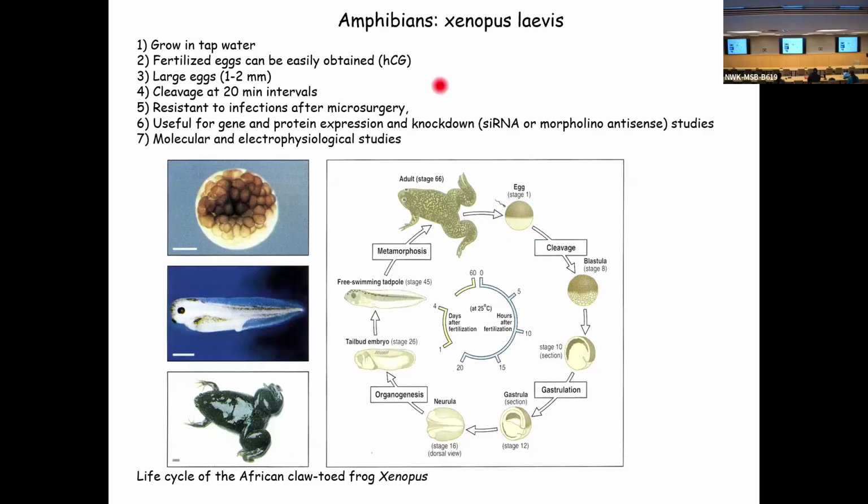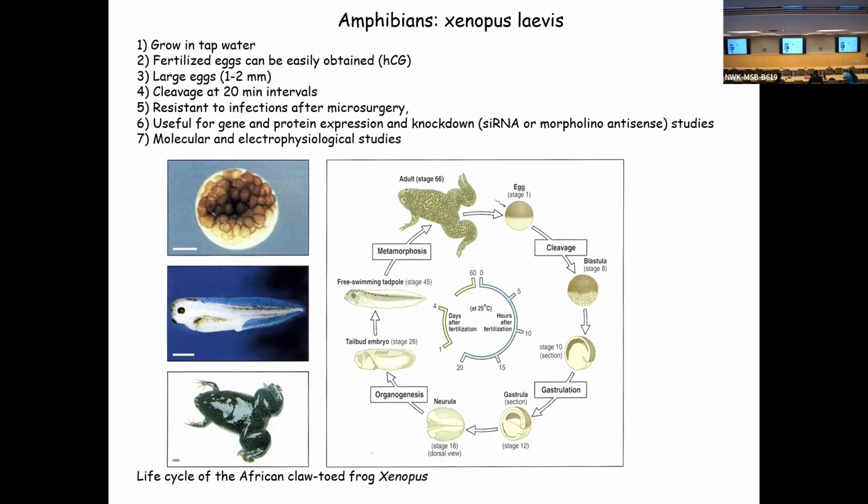For example, the amphibians, Xenopus laevis or the frog. They grow in tap water. So that's so simple, right? We don't need to be sophisticated about growing a frog. Fertilized eggs can be easily obtained. In other words, we can inject the frogs with hormones to facilitate the release of the eggs, okay?